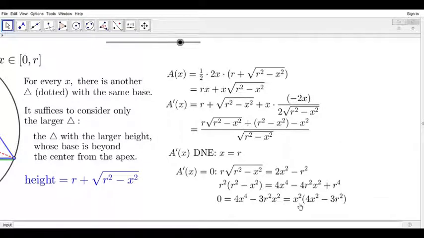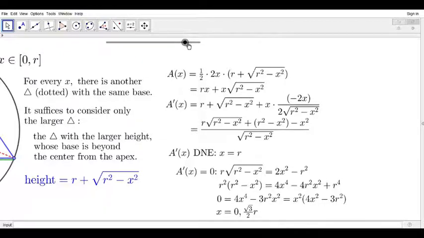After factoring x squared, you get this. So that's going to happen when x is 0, or when this second factor is 0. When you solve for x, there's a positive and negative square root, but because the domain is 0 to r, you only need the principal square root. So that's square root of 3 over 2 times r.